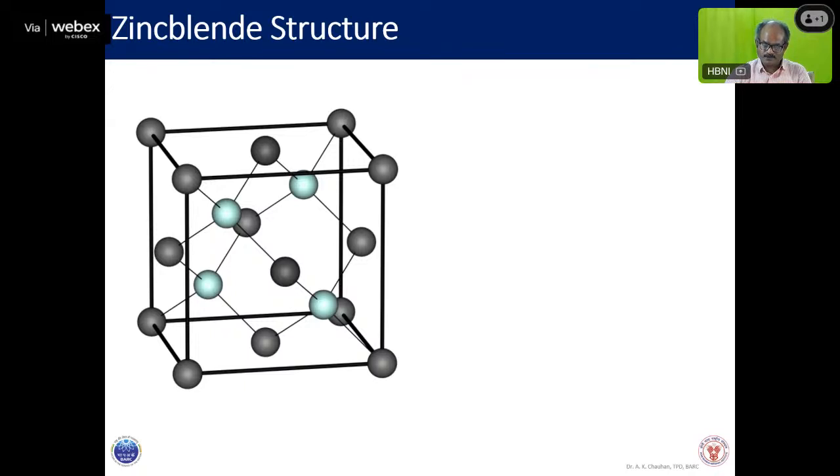We inserted the second FCC structure inside the first FCC structure, in such a way that the origin of the second structure is exactly 1/4, 1/4, 1/4 distance away. I am doing the same thing here also, but there is a small difference: where both atoms were the same, here the atoms are different.